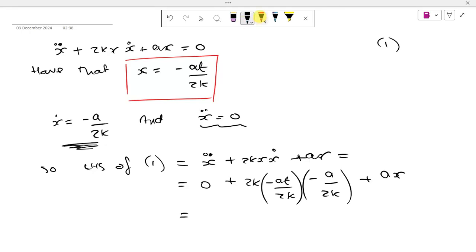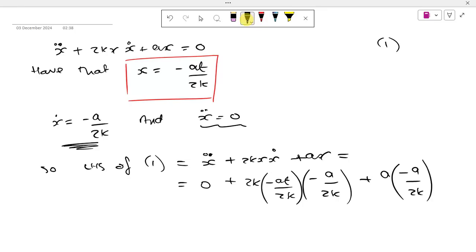Well, we can do a bit of cancelling. So the 2k here cancels with the 2k there, and oh yeah, what have I forgotten to do over here? Let me see. I can't find an eraser here. So we'll just go back and put in the value of x there, which is minus a over 2k.